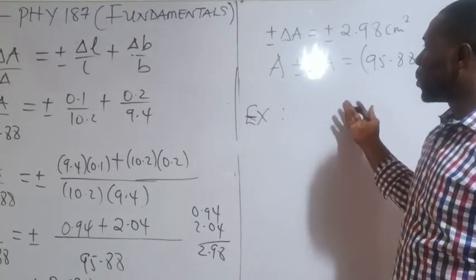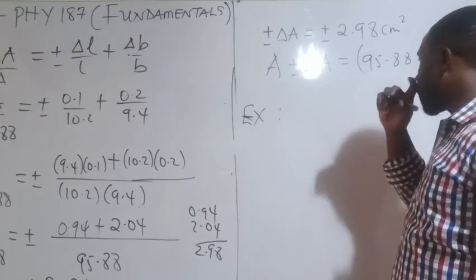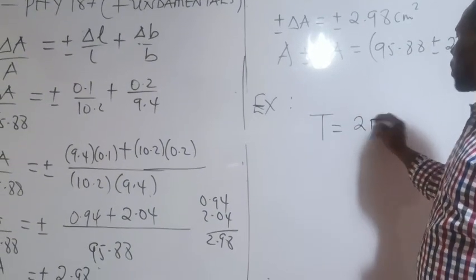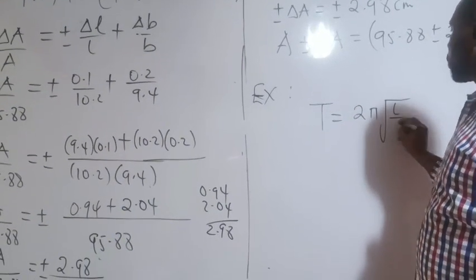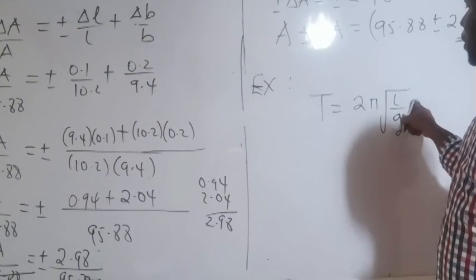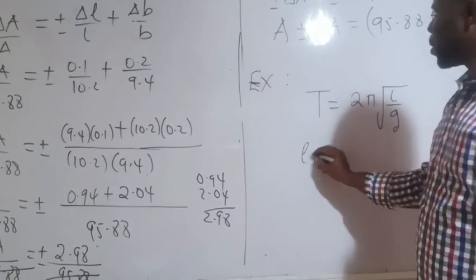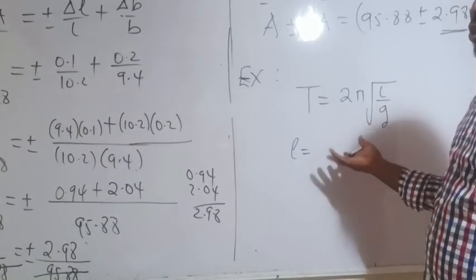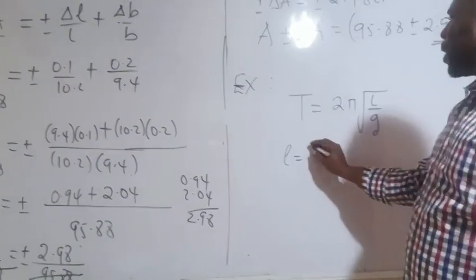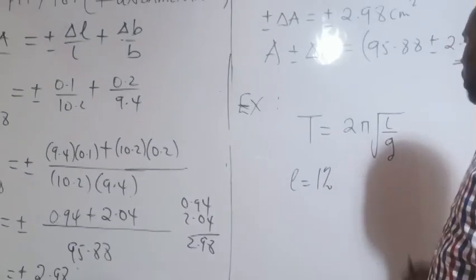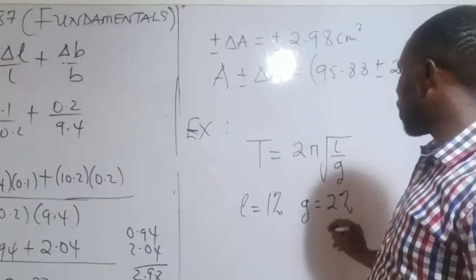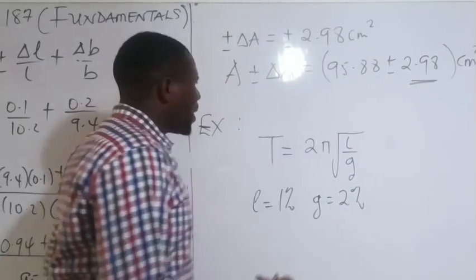For a simple pendulum, the time period is given by this formula, 2 pi times the square root of L over G. Let's say the length of the thread has a percentage error of 1%, and G has an error of, let's say, 2%.